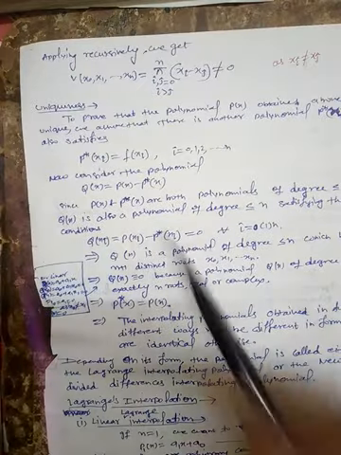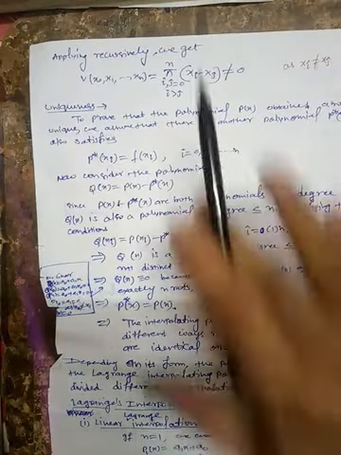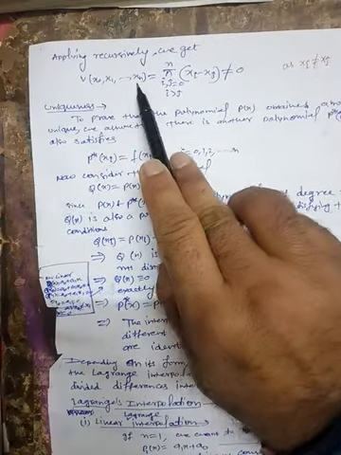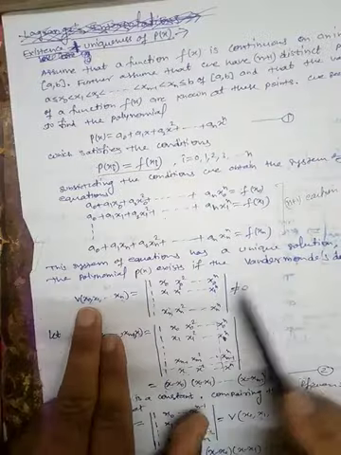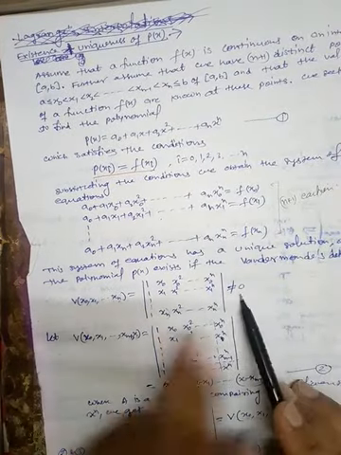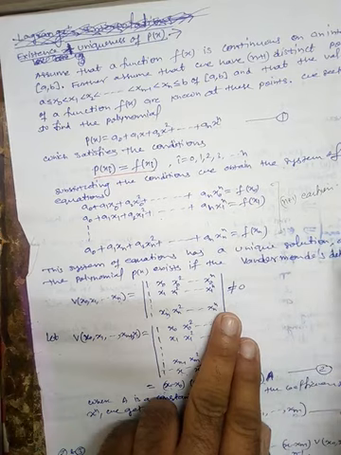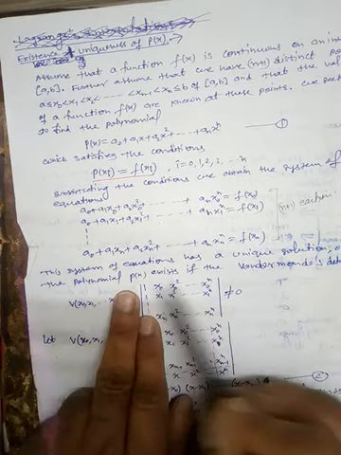So now we will prove the uniqueness part. This provides you the existence part. Now we will prove the uniqueness part. Since this Vandermonde is non-zero, this satisfies the condition, and hence according to this, the system of equations has a unique solution, or the polynomial exists.